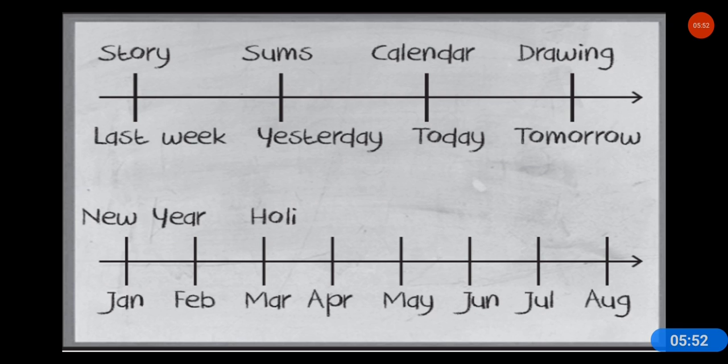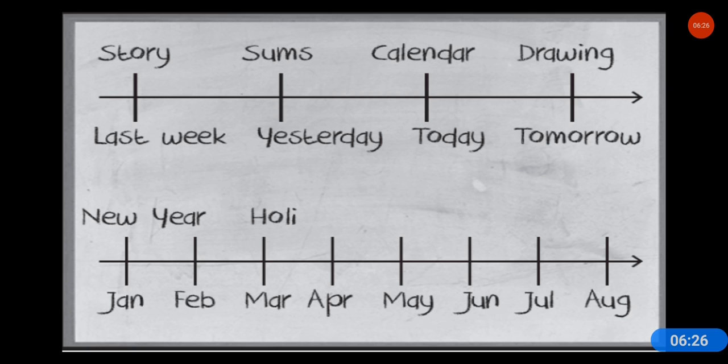These are the time periods. And on the upper part we have written the particular activities. Last week we did a story, yesterday we did sums, today we learned about the calendar, and tomorrow we are going to do drawing.